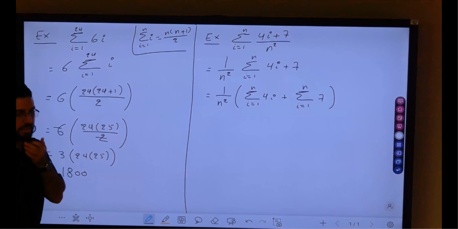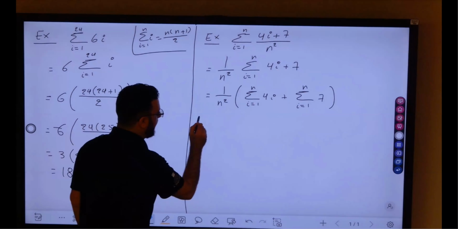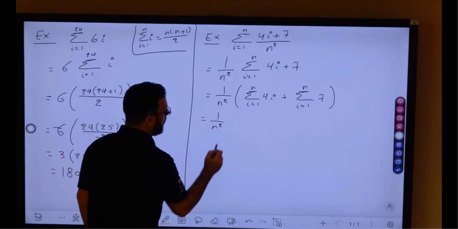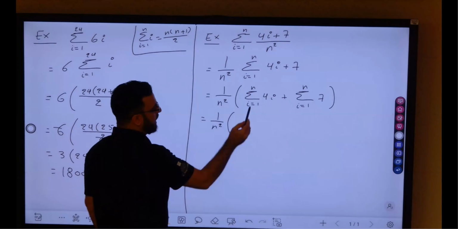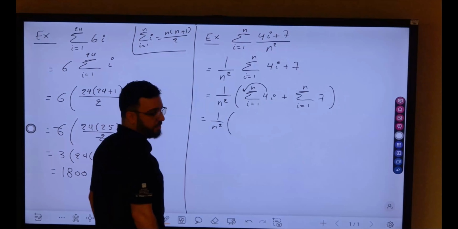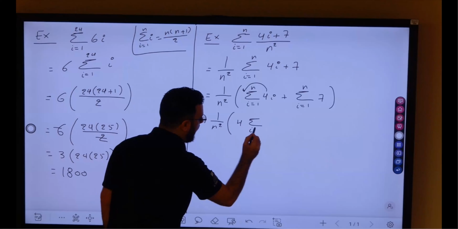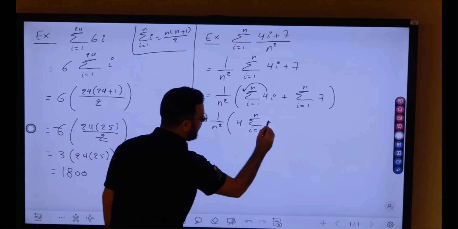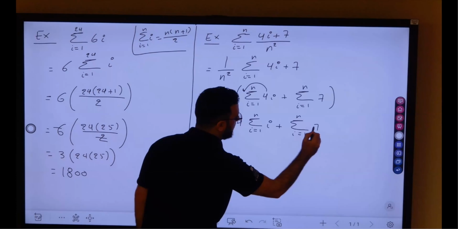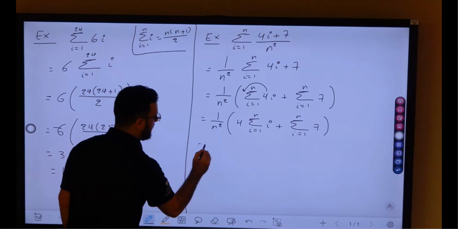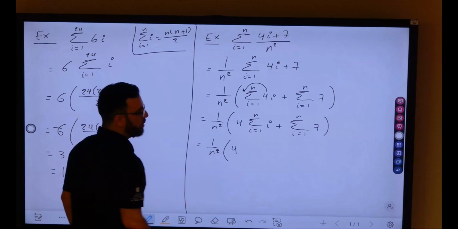Now tell me, what's the next step? Here is 1 over n squared. I'm going to look at the first summation. The first summation, can I take the 4 outside the summation? So it's going to be 4 times the summation i equals 1 to n of i, plus, I'm going to keep this one for now, the summation of 7. Now let's go to the next step. 1 over n squared, here is the 4. What's the summation of i?